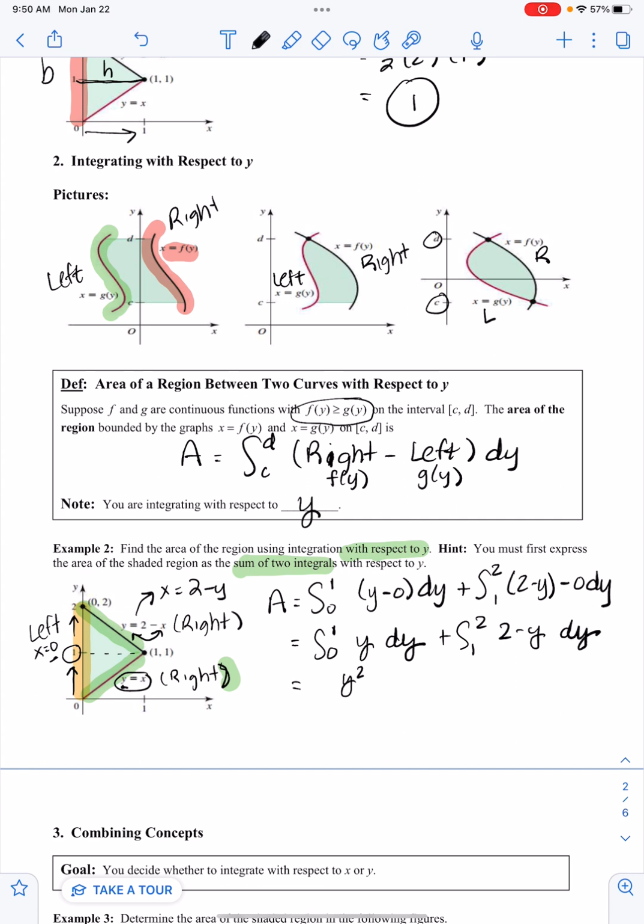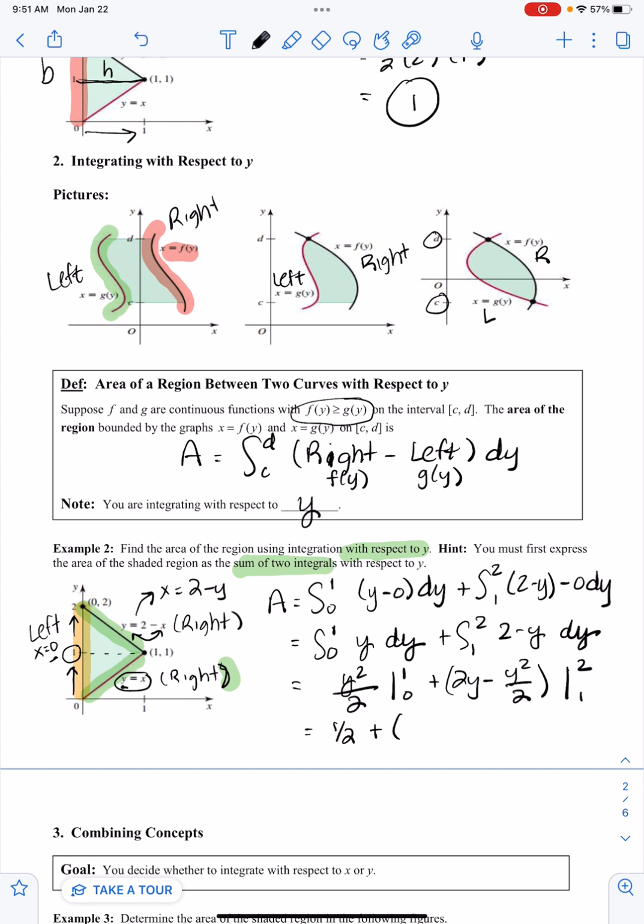This one's going to be y squared over 2 when we go up a power and divide by that power. And this one is going to be 2y minus y squared over 2, and then make sure we integrate that from 1 to 2. When we plug in 1 here, we're going to get 1/2, of course minus 0, which I don't need to write.